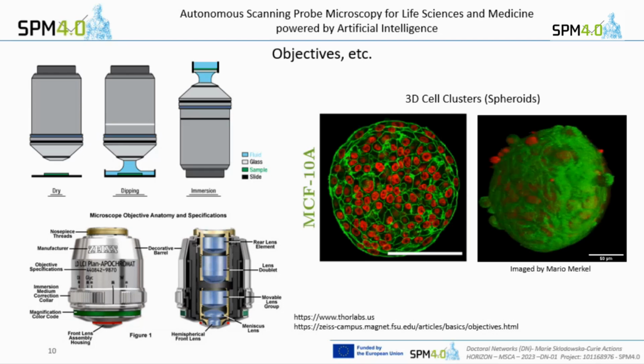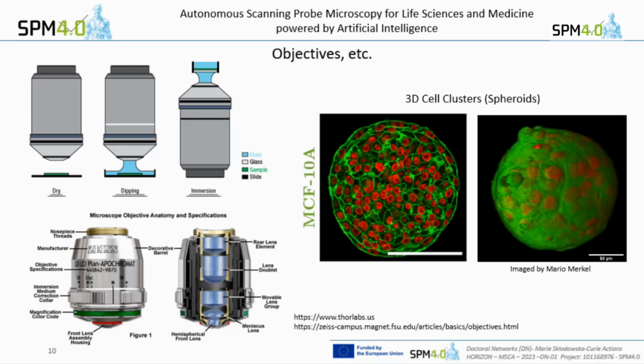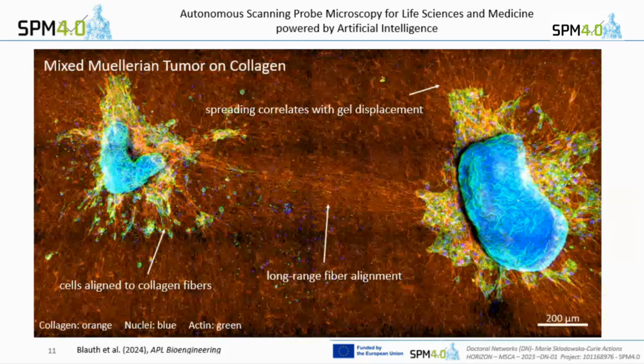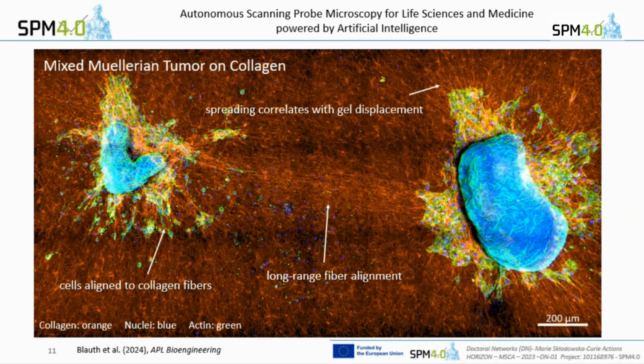And of course, you can also do that on tissues. Here you can see a very nice example of two chunks of a mixed Mullerian tumor. It's a very aggressive tumor of the uterus that were just placed on top of collagen gels for a couple of days. Afterwards, everything gets fixated, stained, and imaged. You can see that they interact with the fibers, they pull on the fibers, and you can see this fiber alignment in between the two pieces.